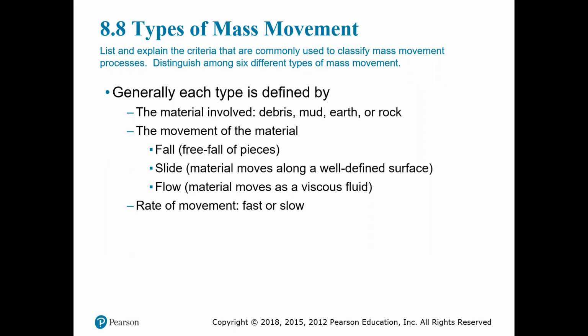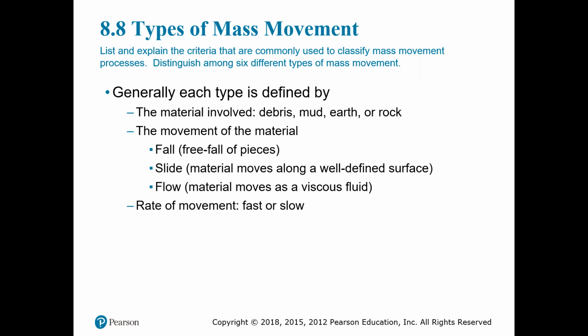Flow occurs when the material moves down slope as a viscous, turbulent fluid. And then we look at the rate of movement. Is it fast or slow? In rock avalanches, the rock and other debris can go down the slope at speeds approaching 125 miles an hour. And because of this momentum it can continue to flow even for long distances after the slope has ended.